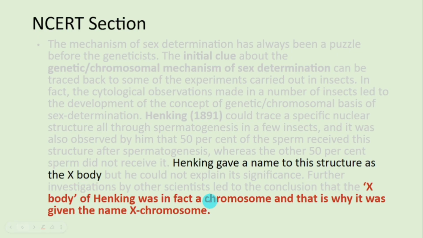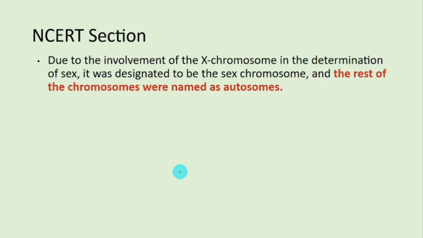Later a chromosome was identified, and because he named it X body, the chromosome was also named X chromosome. So see, the chromosomes which are responsible for determination of sex are called sex chromosomes, and the rest of the chromosomes are called autosomes. This you are aware of.